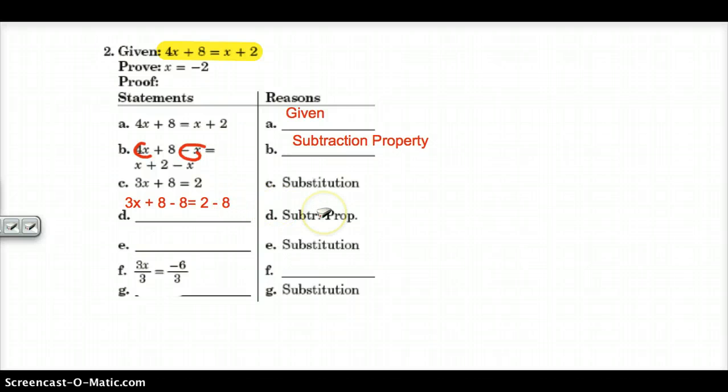That would be subtraction. Then you would get your simplify. That would be 0, so you would write 3x equals negative 6. 2 minus 8 is negative 6.